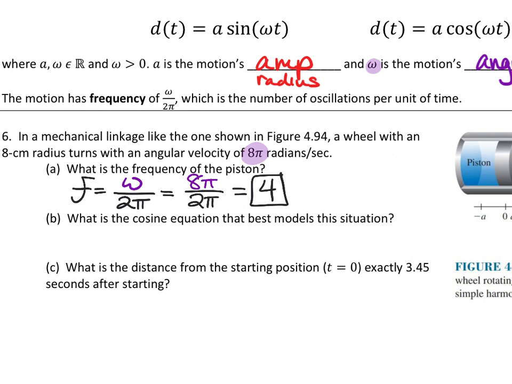Part B says, what is the cosine equation that best models this situation? So you're looking at the equation up there. What we want to fill in is d of t equals A times the cosine of omega t.